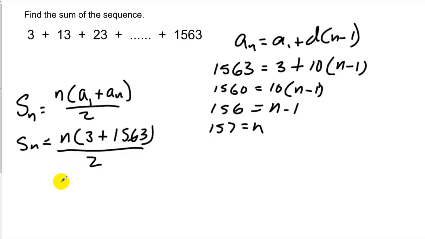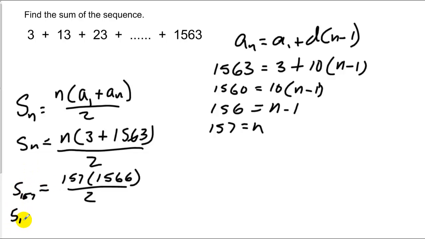So I plug that in over here, and I get 157 multiplied by 1566 over 2 is going to be equivalent to my sum, and now we know that's of 157 terms. And that sum is going to equal 122,931.